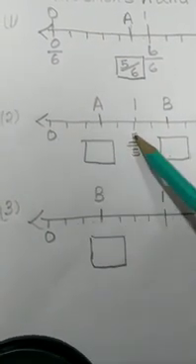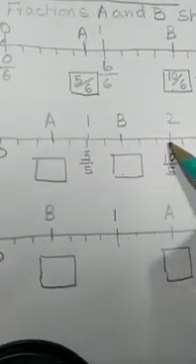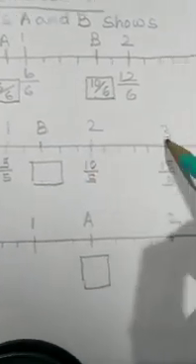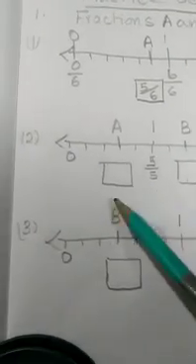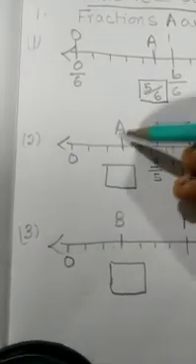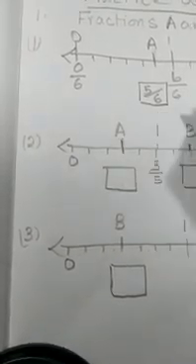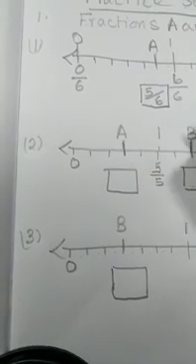Why? After 5 parts, 5 by 5. And 1 to 2 is also divided into 5 parts. So 2 is written as 10 by 5 and 3 is written as 15 by 5. Multiples of 5.